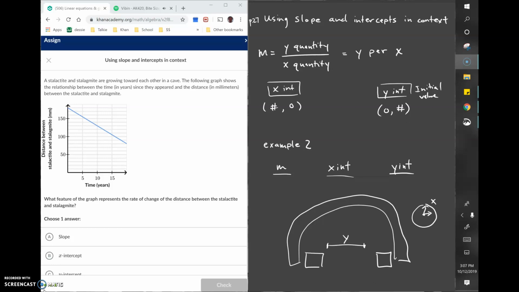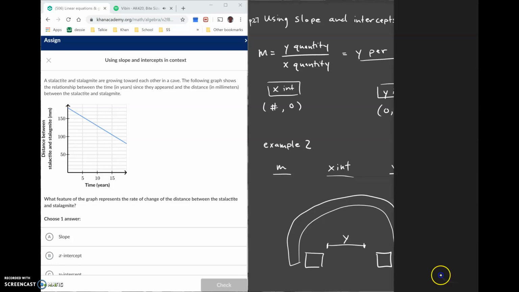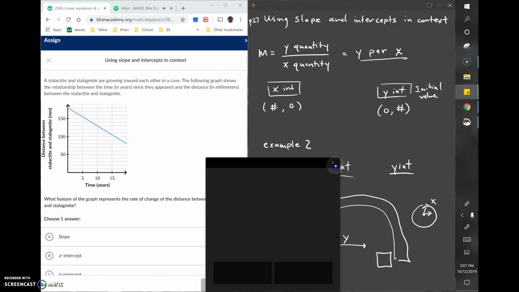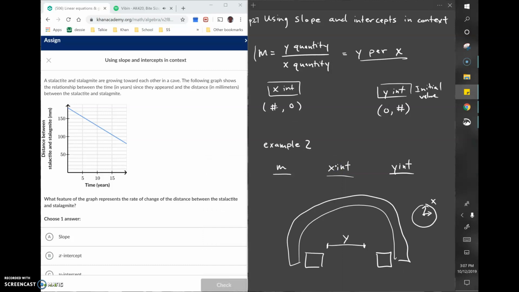Which feature of the graph represents the rate of the distance between the two? We know that y per x is a rate, and rates in math are slopes. So the slope of this line is the answer.